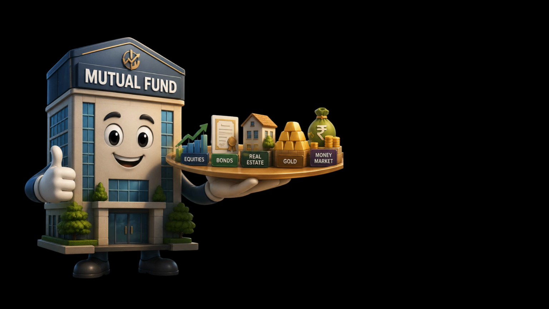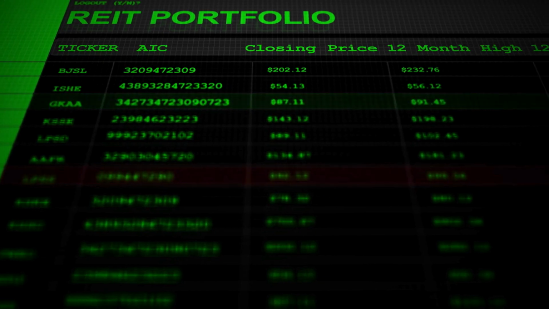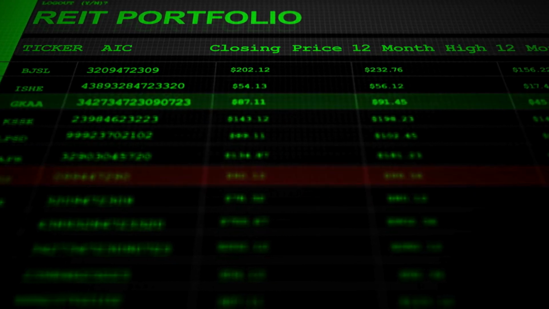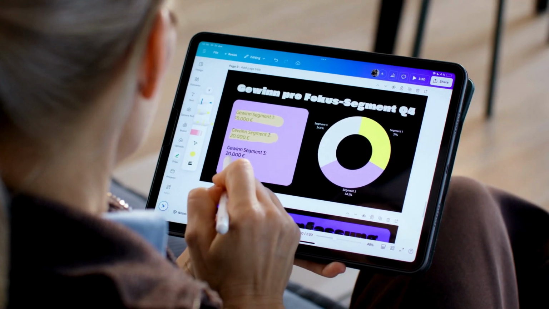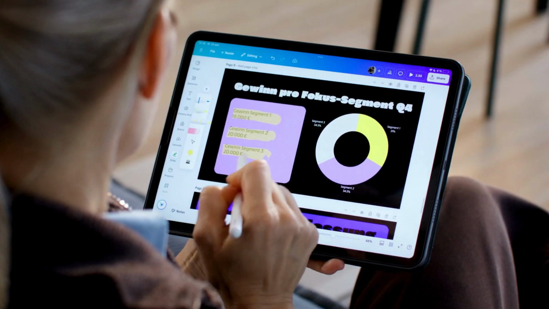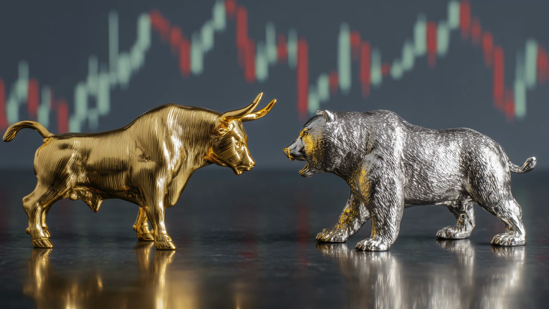Since a mutual fund invests in securities whose prices keep changing, the value of the mutual fund's portfolio also changes. And because the NAV reflects the value of that portfolio, the NAV, that is net asset value, also moves in a similar manner. Markets don't directly determine the NAV.